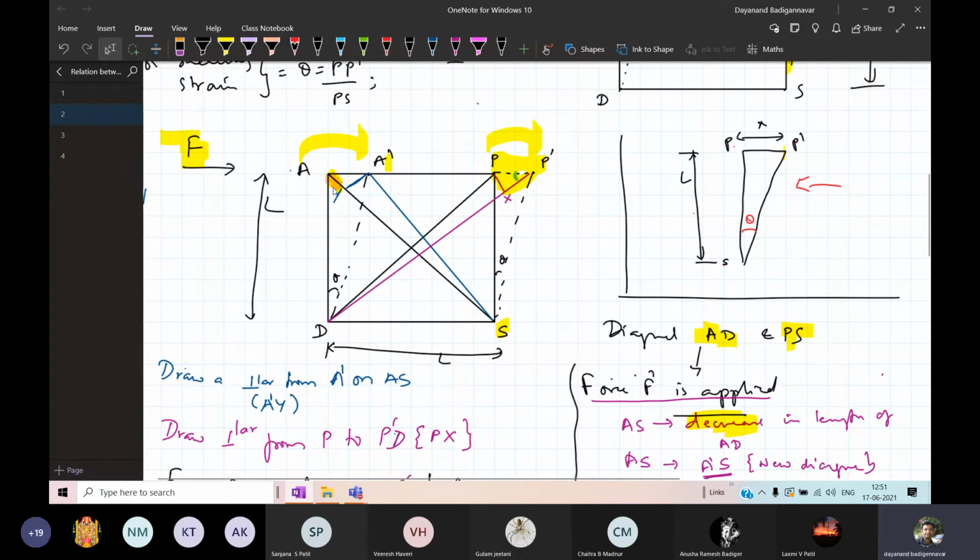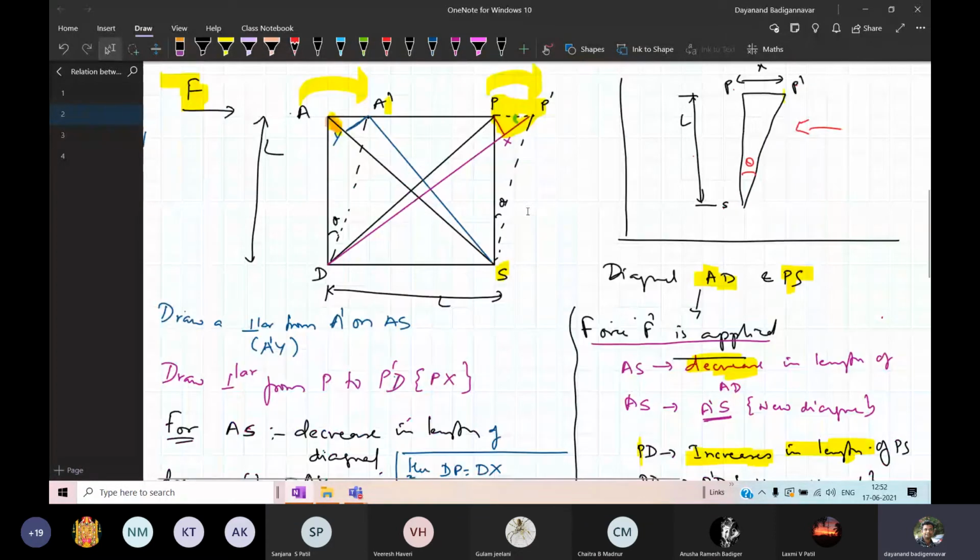Now this angle from the triangle P'X, this green color angle, will be equal to angle AP'D. Why? Because both the triangles have the same common angle. Therefore, I can write angle AP'D.